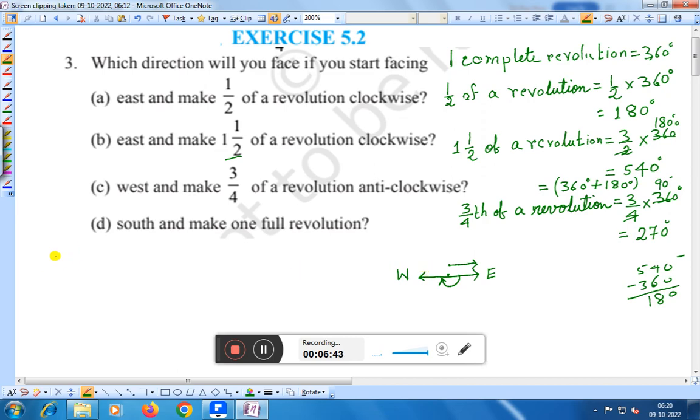So the answer for question number A is that I will face in west direction.